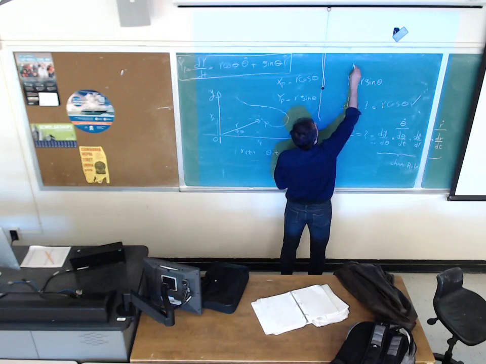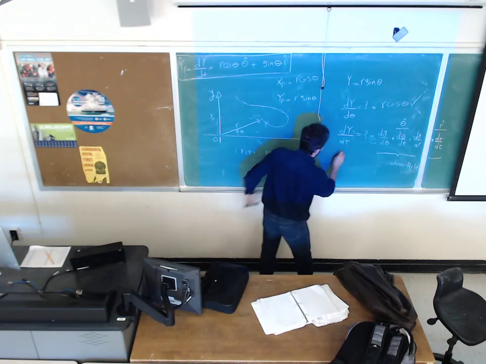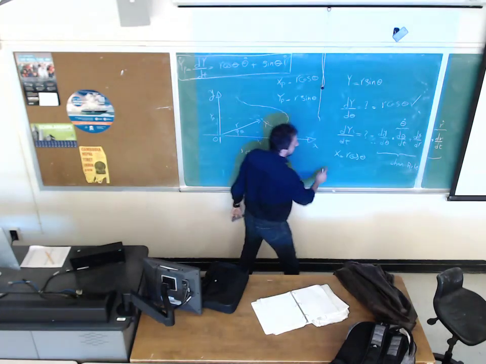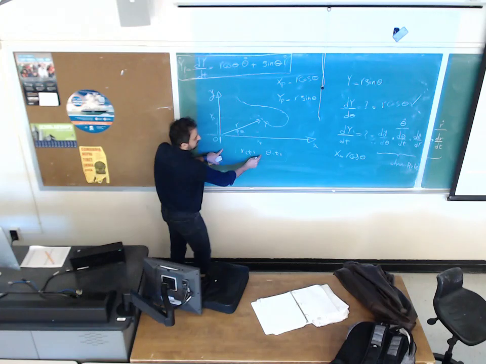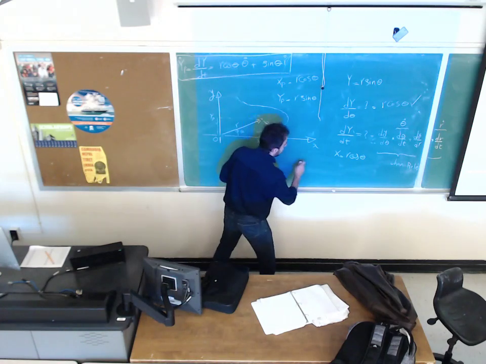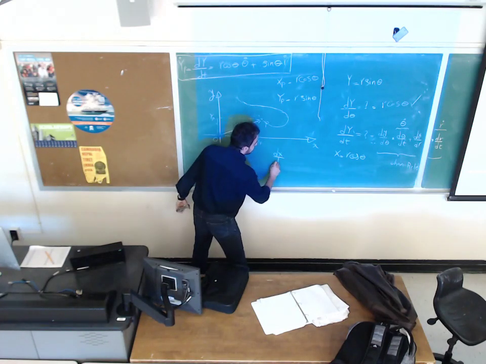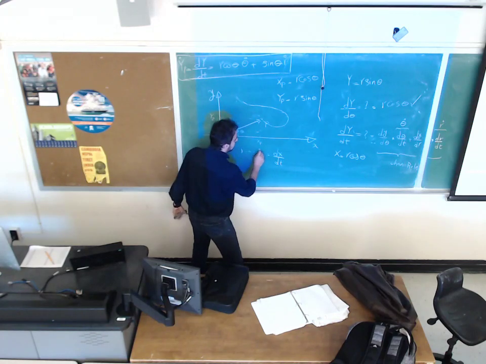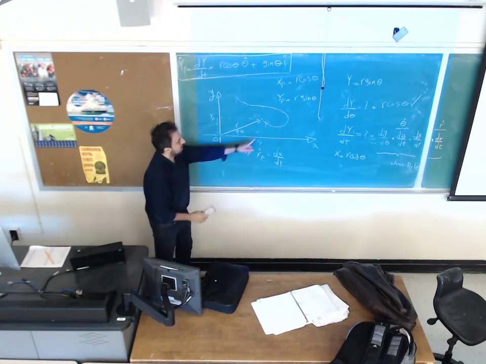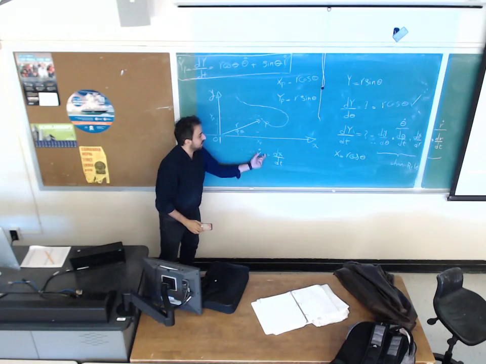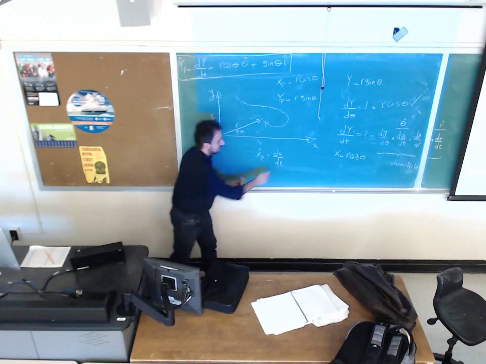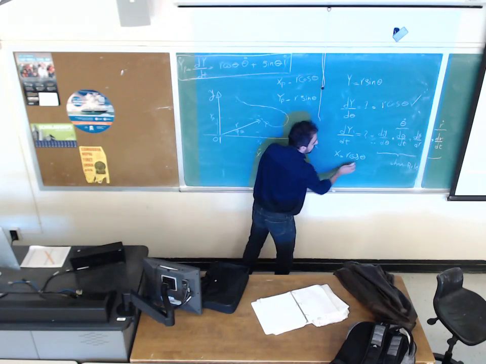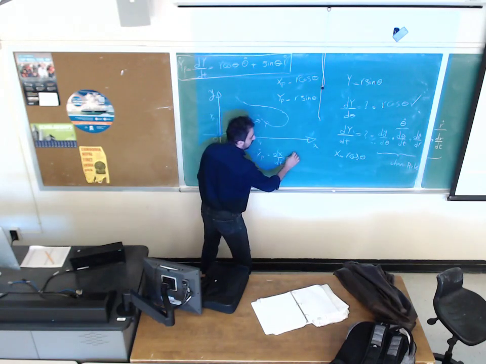So the x component of P is going to be r cosine of theta. Then dx over dt would be x dot of point P. How fast the x coordinate of point P is varying with time is dx over dt. Since I don't see any time here, I should use the chain rule.